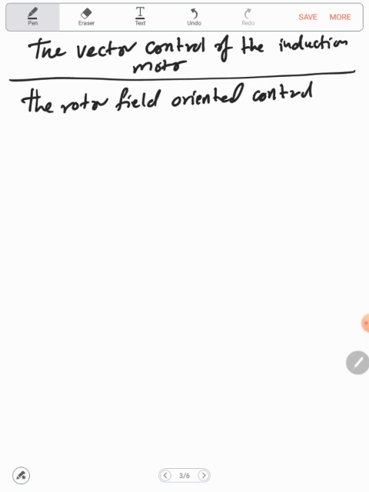The idea behind the rotor field-oriented control can be understood by the following. Let's assume that this is the AS and this is the BS and this is the CS. Those are the stator stationary reference frame.